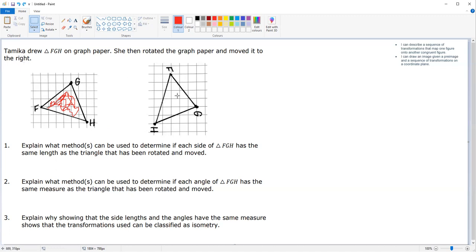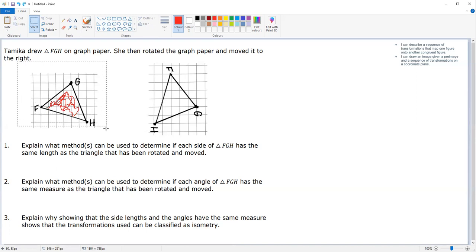She can overlap it on the piece of paper, slide it over, overlap it, and then she can see if the lengths coincide with the proper lengths. So she can make sure that, I guess I can show that again, huh?